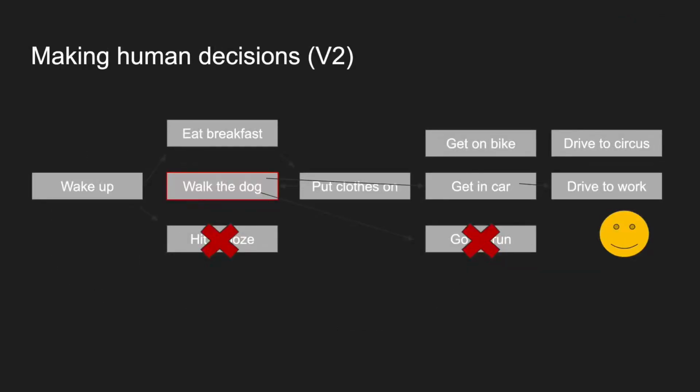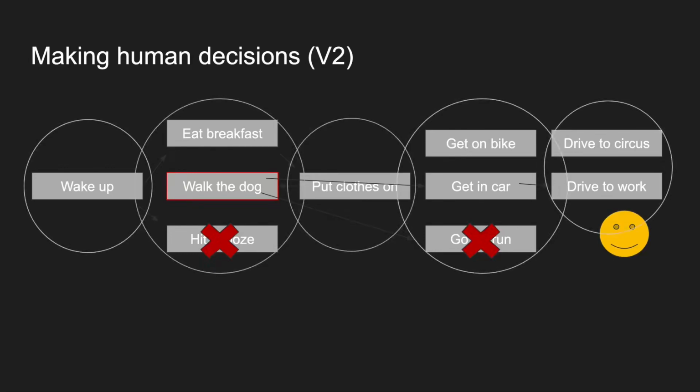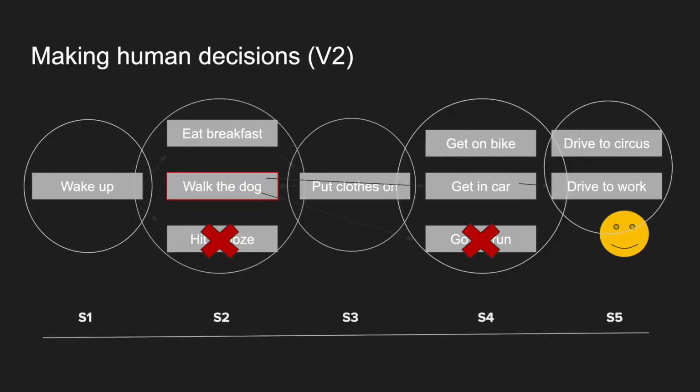Now, how would that concept of states overlay on top of making human decisions? We'll call this version 2. You've got 5 states as split up by these different columns. States 1, 2, 3, 4, and 5. As we transition from one state to the next, we get there by making a decision that puts us squarely in one state at a time.